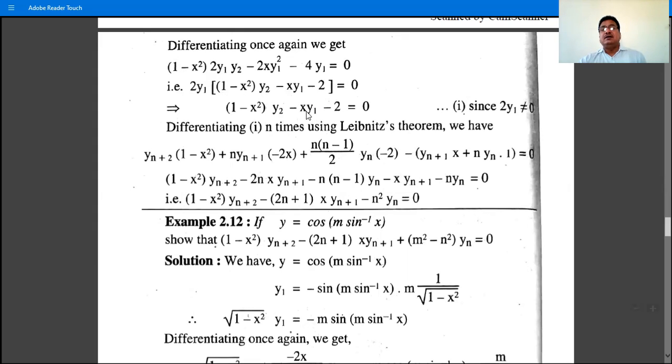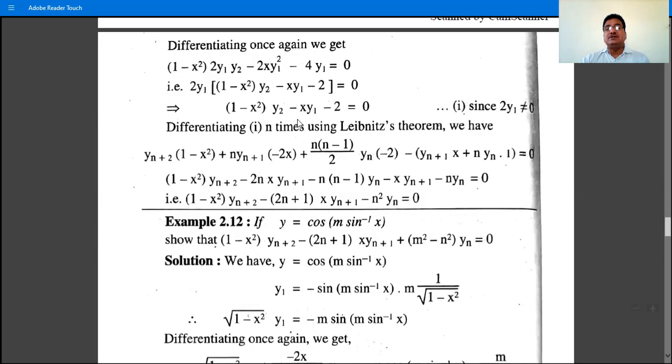Again use the Leibniz theorem. We have to write the nth order derivative of x y1. So again by using the Leibniz theorem, write in bracket because there is a negative sign. So the first term is nC0, which is 1, and y1 is now u and x is v.